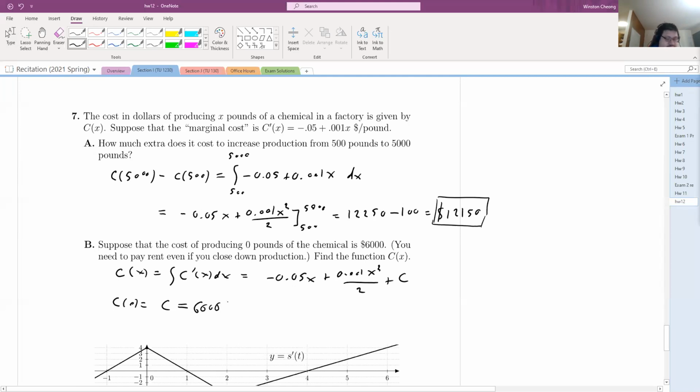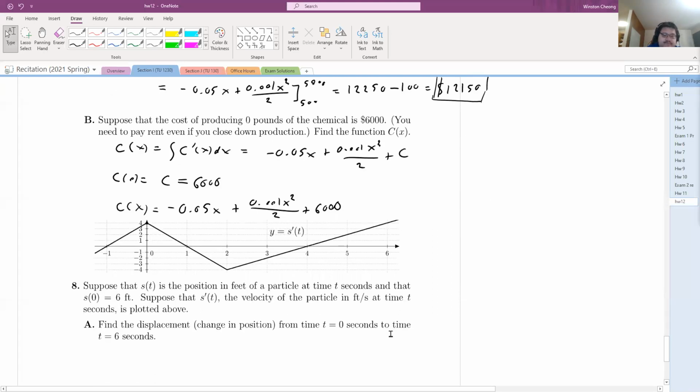So the constant is 6,000, which means our function is just going to be everything up there except replacing the constant with its value. So there it is.